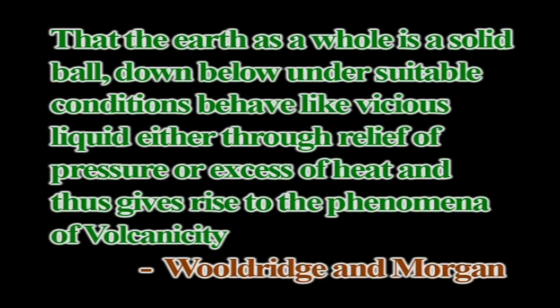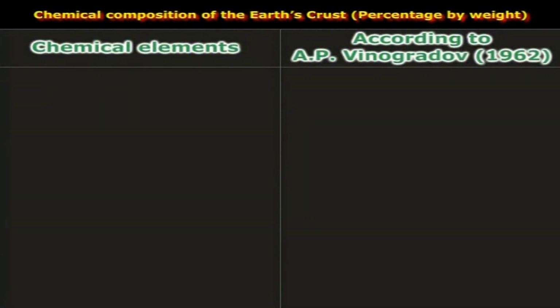Now let us come to the general composition of the Earth, which can be understood from the following tables. The first one gives you the chemical composition of the Earth's crust.